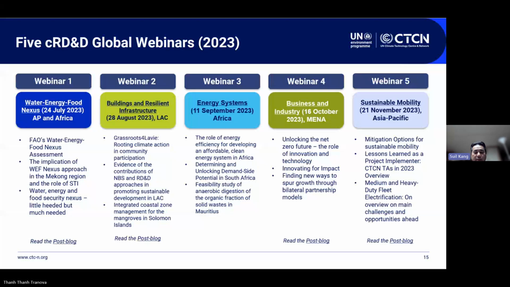You can see the target regions were selected based on the needs for those 5 key transformation areas, and also you can see the post blog. You can get more information through those post blogs.